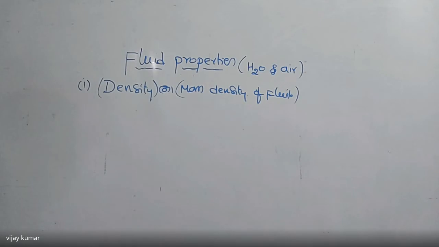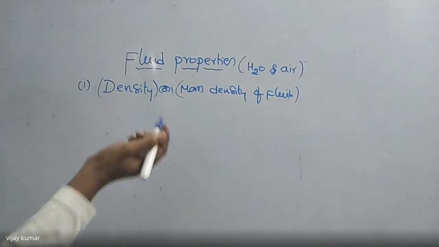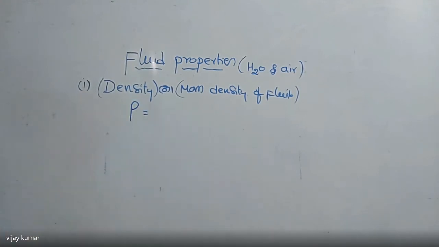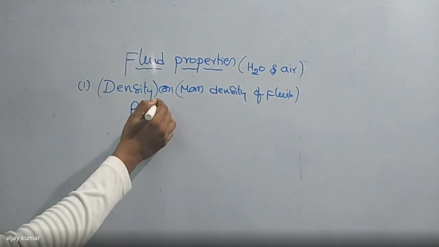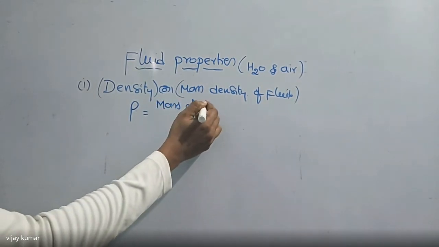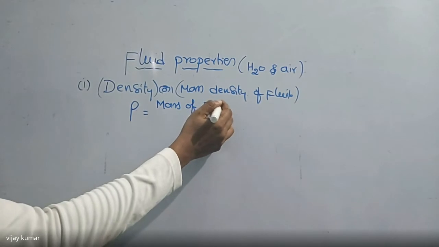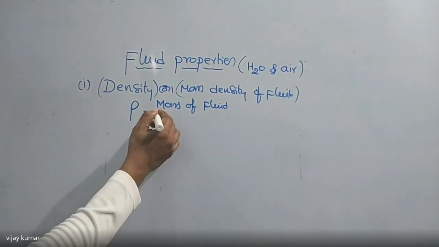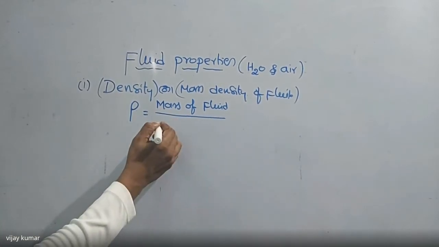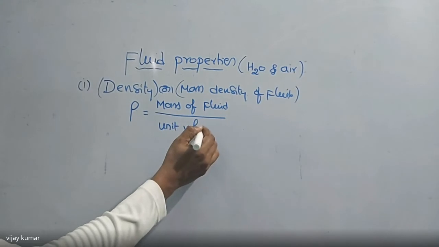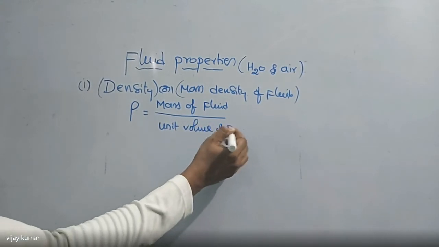What is the definition of density or mass density? Mass density and density are the same. It is indicated by the symbol rho. Rho is equal to the ratio of mass of fluid to unit volume of the fluid.